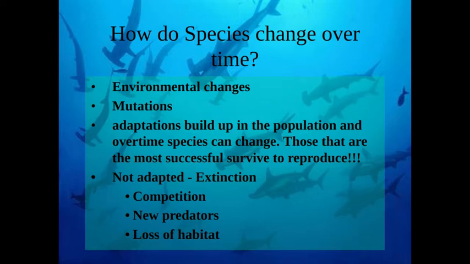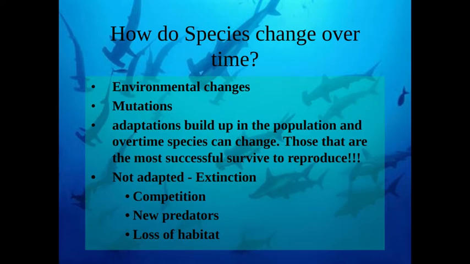So how can they change over time and evolve? Different environmental changes can occur, like way more rain that would cause rapid growth, so the environment would look more green, whereas it used to be more brown. The organisms that could blend in with that color would be able to survive, because the animals that hunt them couldn't find them.